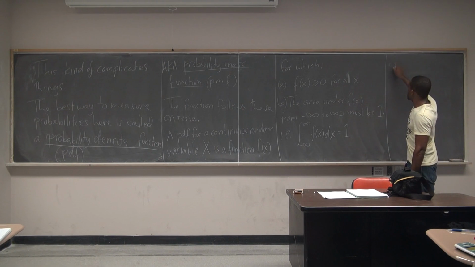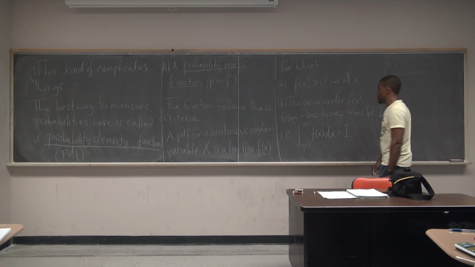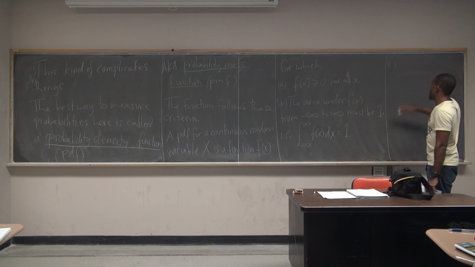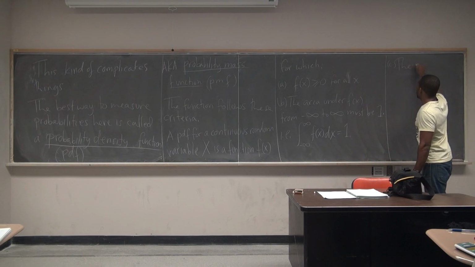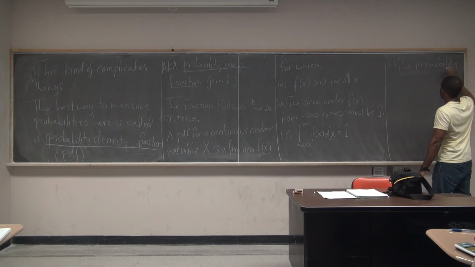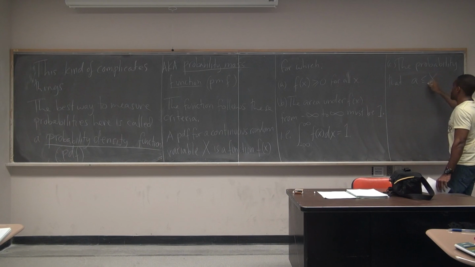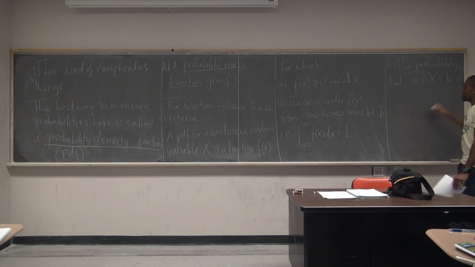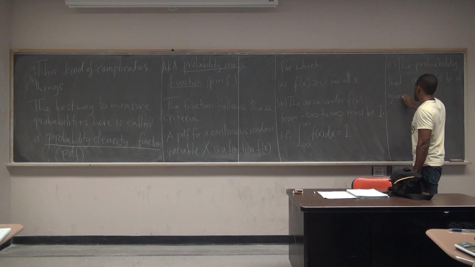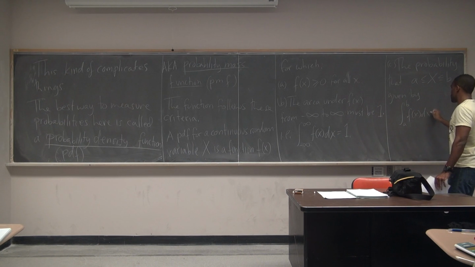And C. The area under the graph actually corresponds to probabilities. So if we know for a fact that the probability that x is between some values a and b is given by the integral from a to b of f of x dx.